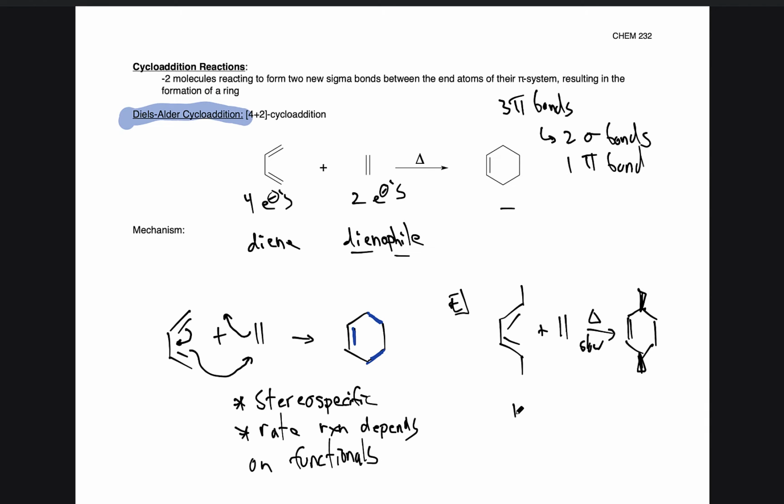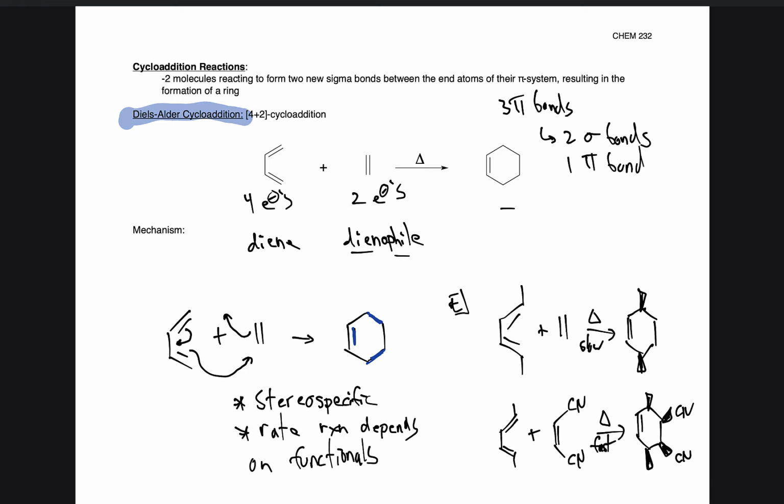We can increase the rate of reaction by using this combination of electron donating groups and electron withdrawing groups, using these nitriles here on our dienophile. And these methyl groups on our alkene are electron donating. So what we end up with is a faster reaction with all these groups on the same face, all on wedges or dashes, depending on how you drew it.